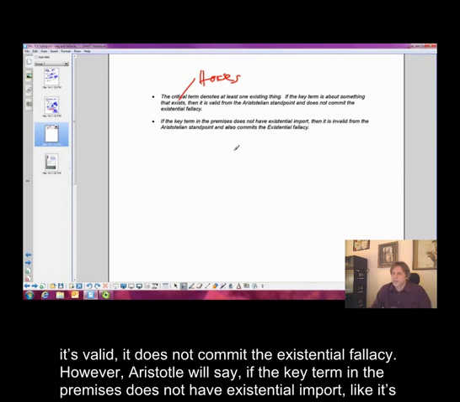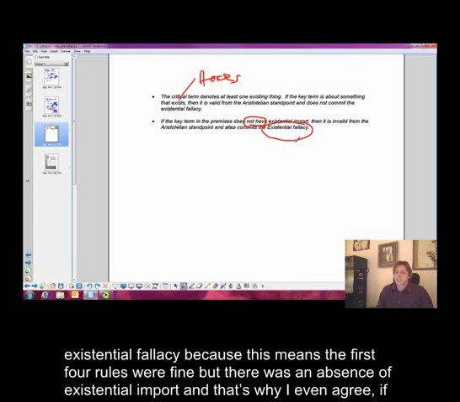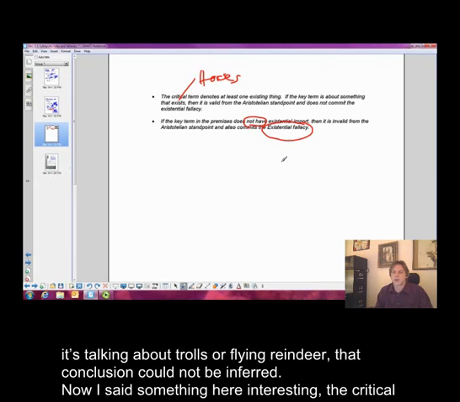However, Aristotle will say if the key term in the premises does not have existential import, like it's talking about trolls, then he's going to agree with the Boolean, it is invalid, and he's also going to agree and say go ahead and write down the existential fallacy, because this means the first 4 rules were fine, but there was an absence of existential import, and that's why I even agree, if it's talking about trolls or flying reindeer, that conclusion could not be inferred.